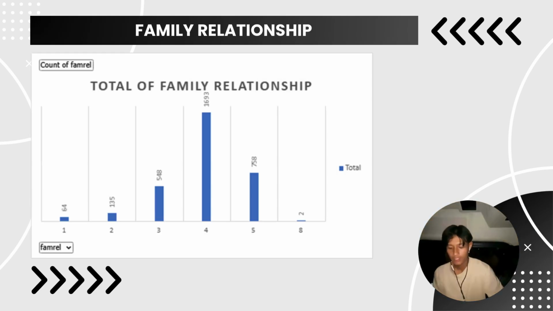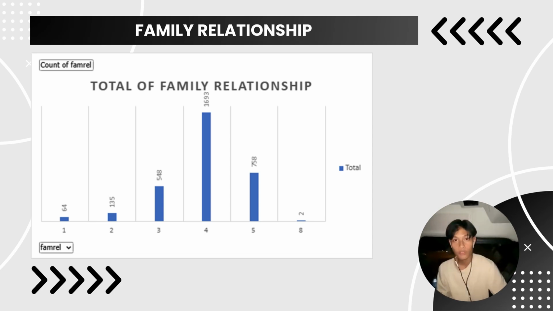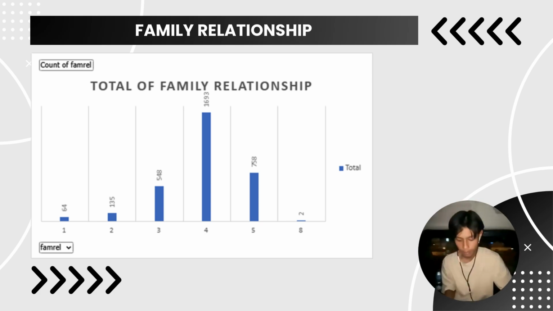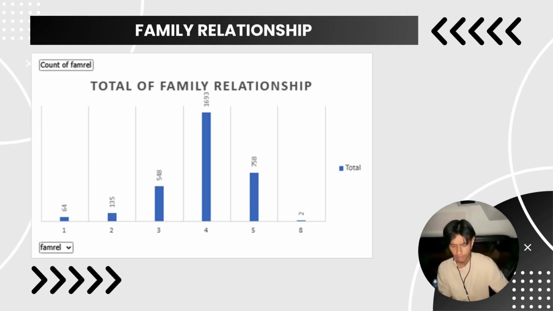I use the bar chart to represent their family relationship. We took the numerical scale from 1 to 5, from low to very high family relationship. For the lowest one, we get 64 students that have a very low family relationship. For the low type, we have 135.